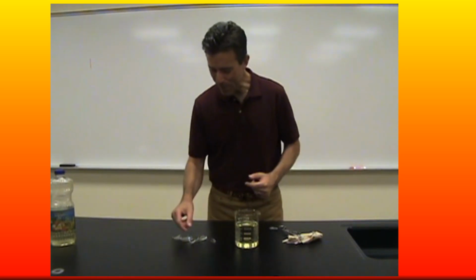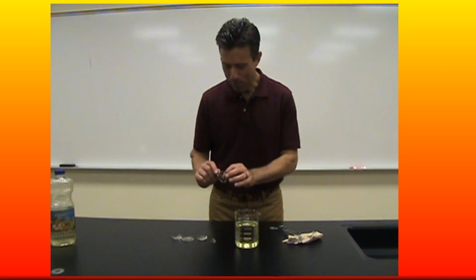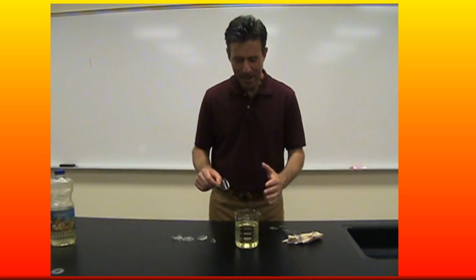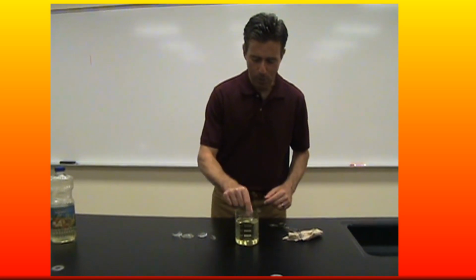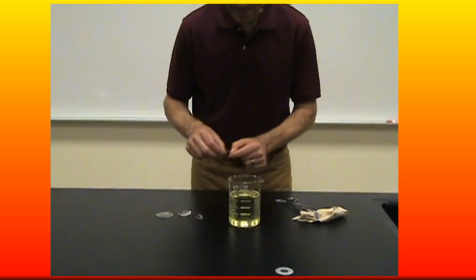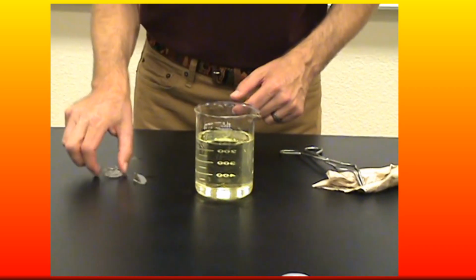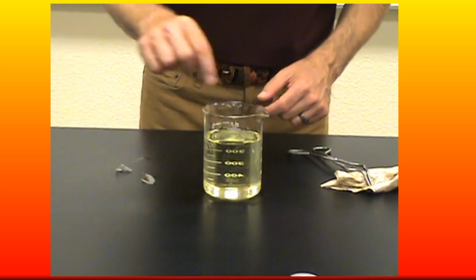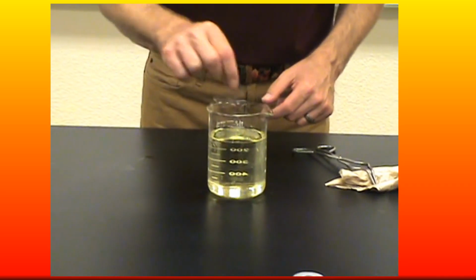What I have here is this broken beaker that I dropped before coming to class, and I'm going to drop it in this larger beaker full of vegetable oil. I'm going to get these pieces in there, see if I can do it without cutting myself.